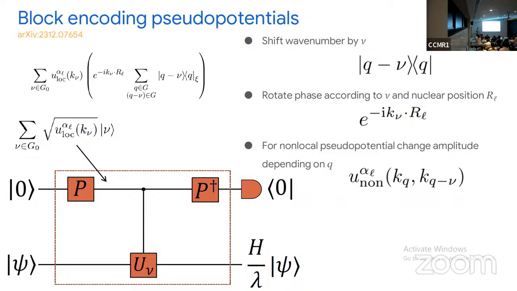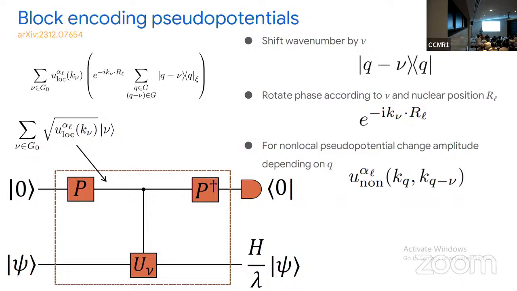But then when you're trying to deal with the non-local pseudopotential, you also need an amplitude which is changing according to the system state. So this is no longer a unitary thing. This is a bit like we're replacing this controlled unitary with some other non-unitary thing which also needs to be block encoded.